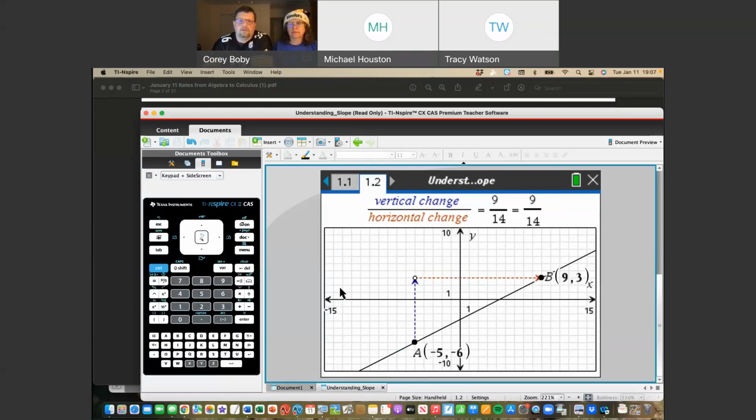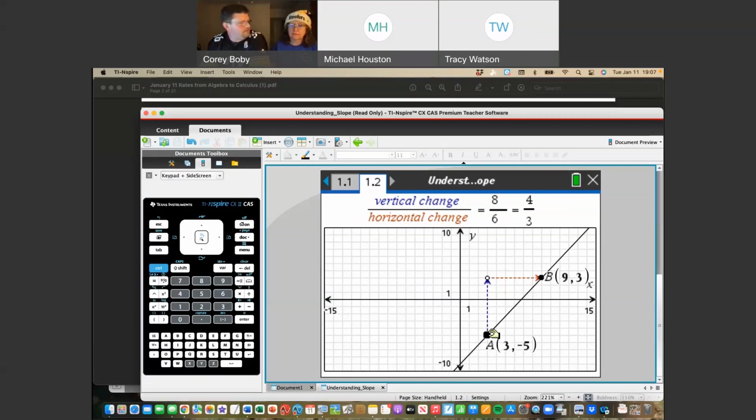What I can do is move these points around the screen and it will look at the slope of this line. What do I want kids to get out of this? What would you want your students to understand by using this, Tracy?